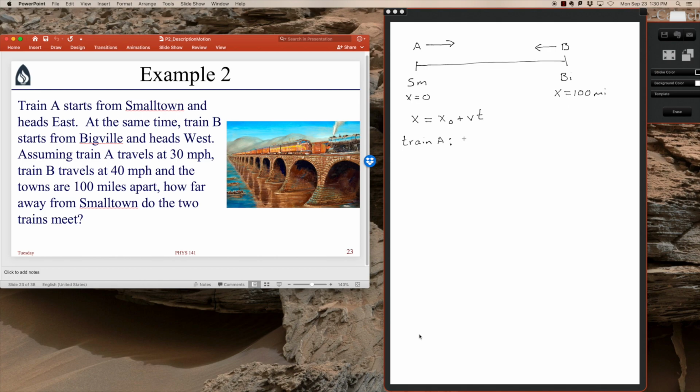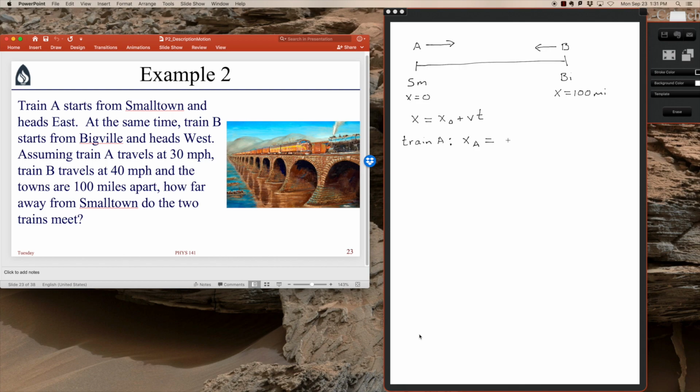I'll write down that the final position of train A, here x sub A means train A, is going to be equal to the initial position of train A. Well, where did train A start out? It started out at Smallville, and the initial position of Smallville is at x equal to 0.